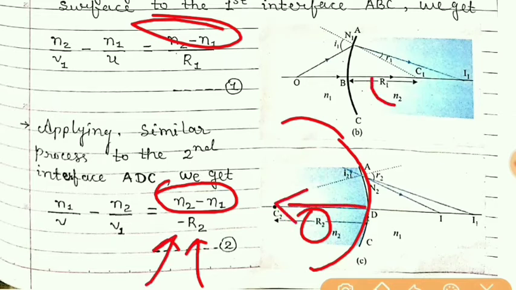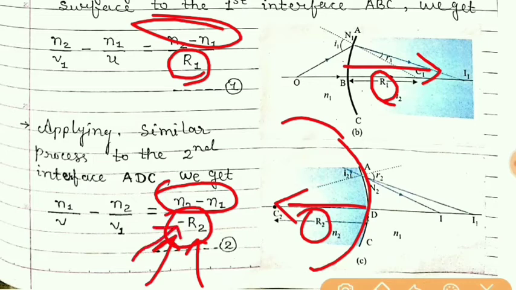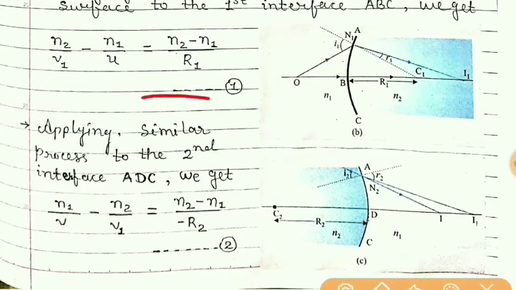In the first curved surface it was towards the right side, so we have taken R1 positive. But this R2 is towards the left side, so using the sign convention we have to put a negative sign. So students, I hope you understood this. So I have written this equation as 1 and this as 2.